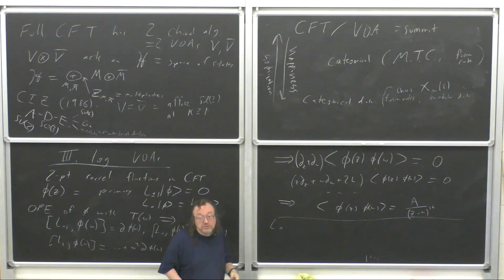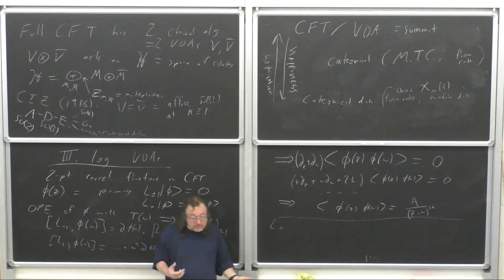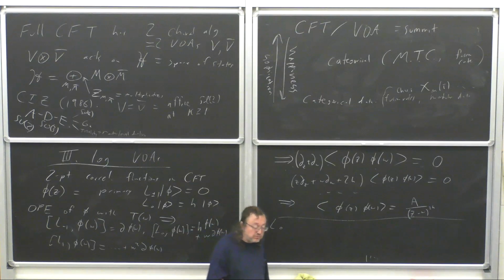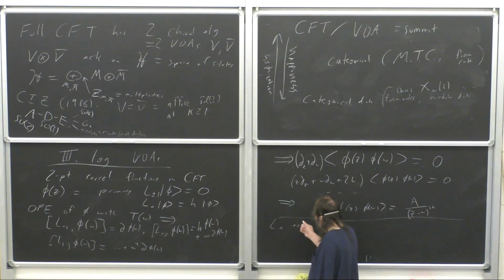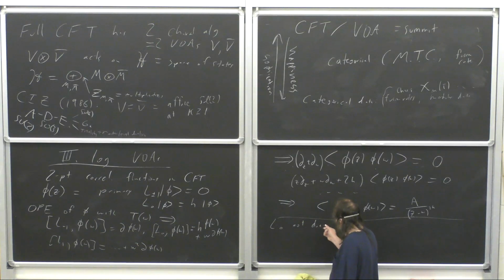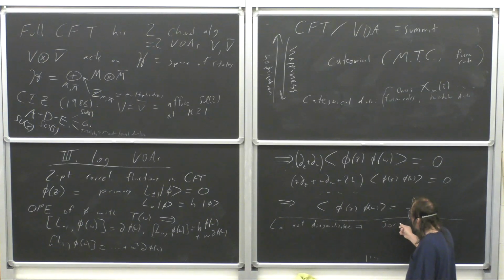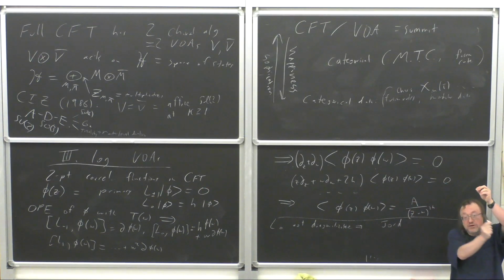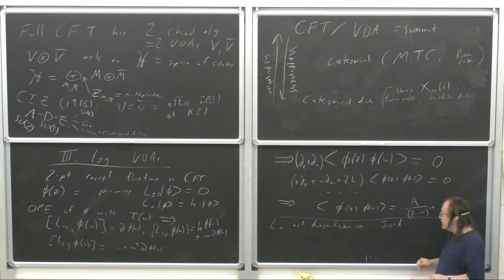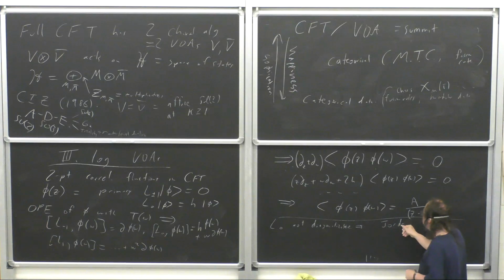The modules for a rational VOA are always diagonalizable, but imagine a situation where these modules aren't. So this is not diagonalizable. The next best thing will be that we get a Jordan block. So we decompose L naught not into a diagonal matrix, which is what gives us our decomposition into V naught plus V1 plus dot, dot, dot, but into Jordan blocks.